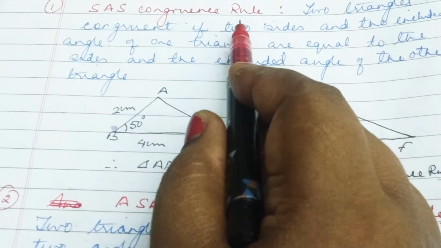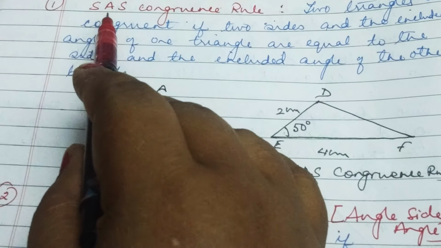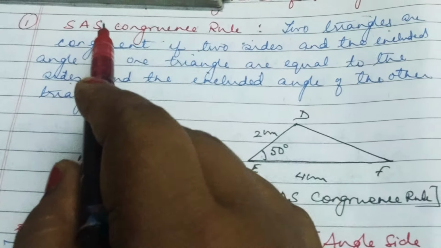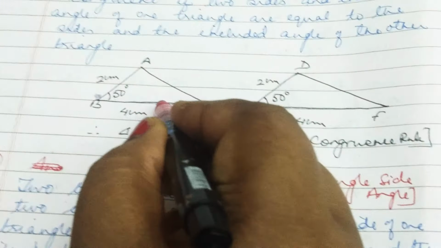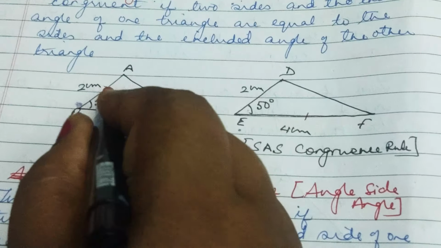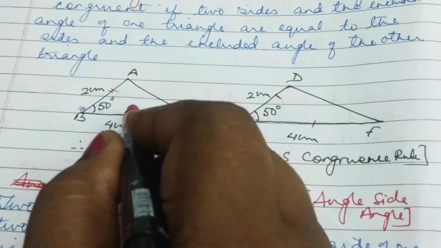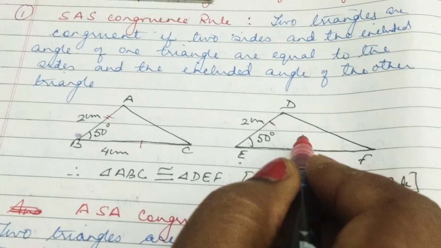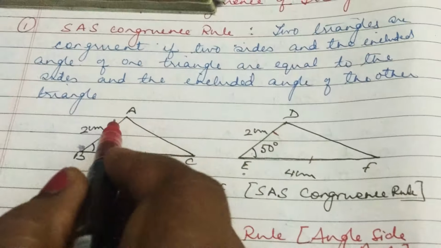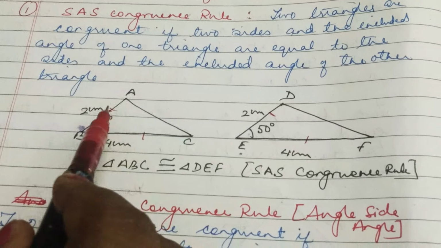SAS congruency rule means side, angle, side. This means that two triangles are congruent if two sides and the included angle of one triangle are equal to the two sides and the included angle of the other triangle. Here what do we find?